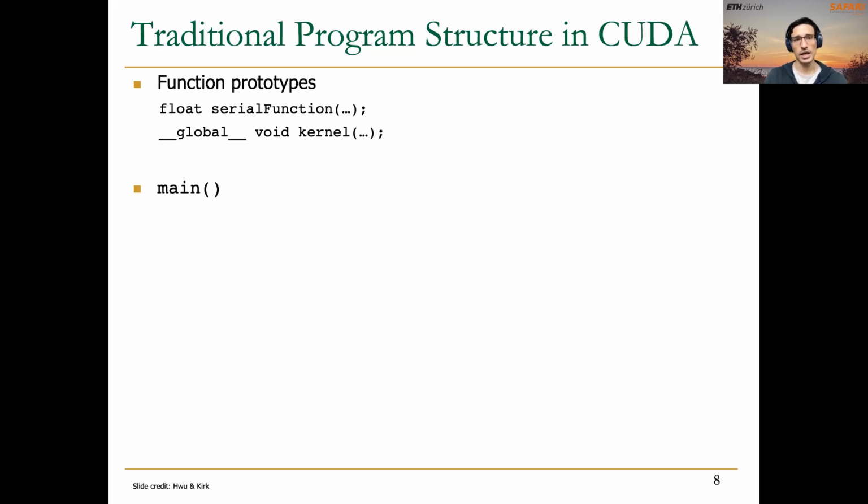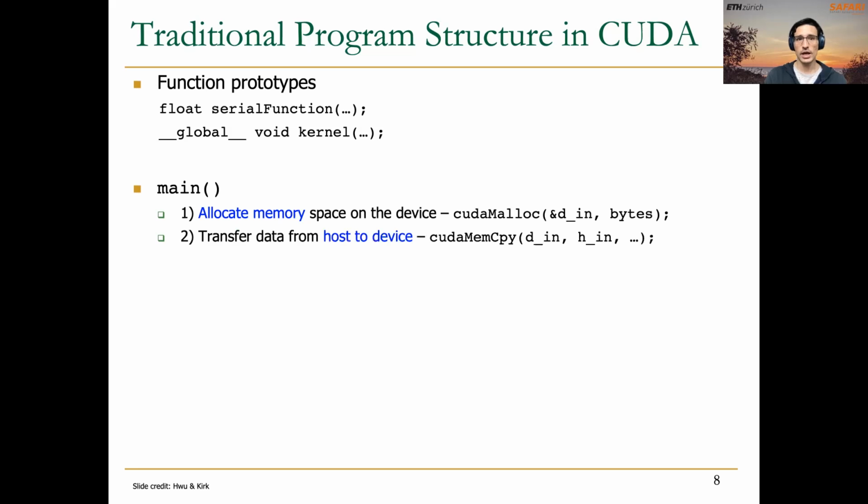And then inside the main function of the host, of the CPU, we will have to first allocate memory for the GPU on the GPU memory using cudaMalloc. We will later have to transfer data from the host memory to the device memory, that is from the CPU memory to the GPU memory, using this cudaMemcpy.